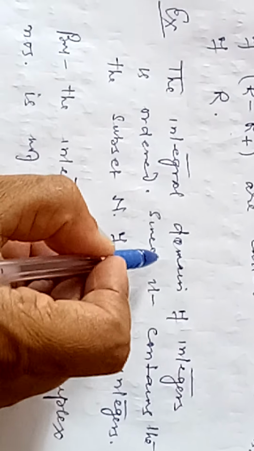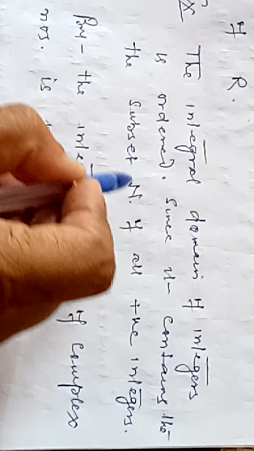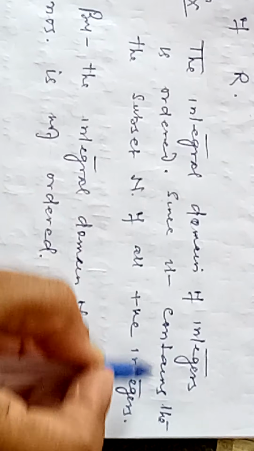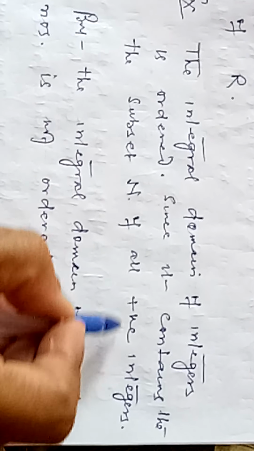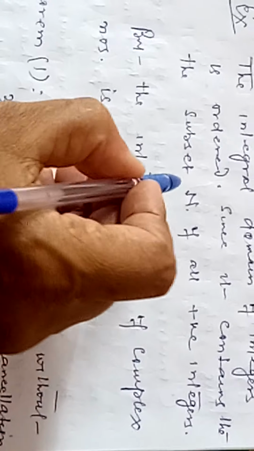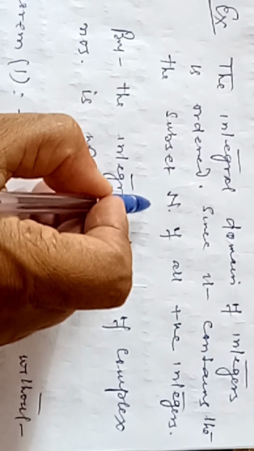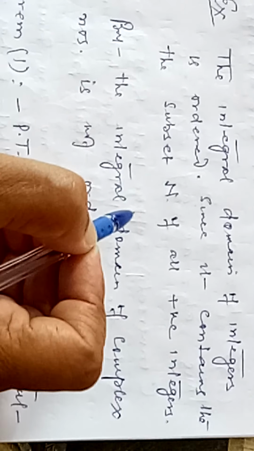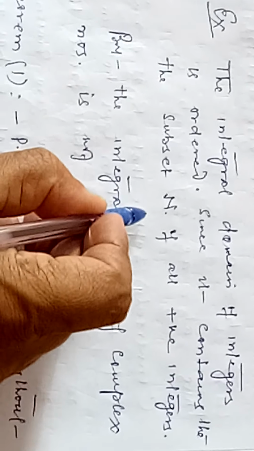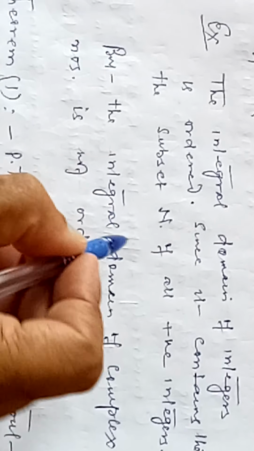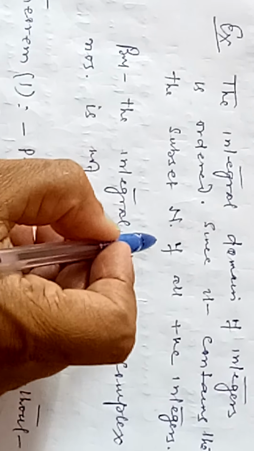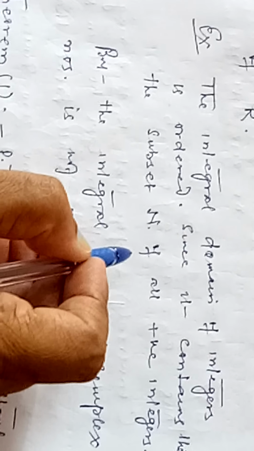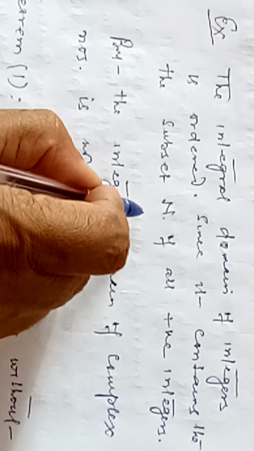Example, the integral domain of integers is ordered. Why? Because it contains the subset N of all positive integers, which is closed with respect to addition and multiplication, and for any natural number a belonging to N, either a is 0, which is false, or a belongs to N, or minus a belongs to N. So out of these three conditions, as defined for an integral domain to be ordered, one is true here.